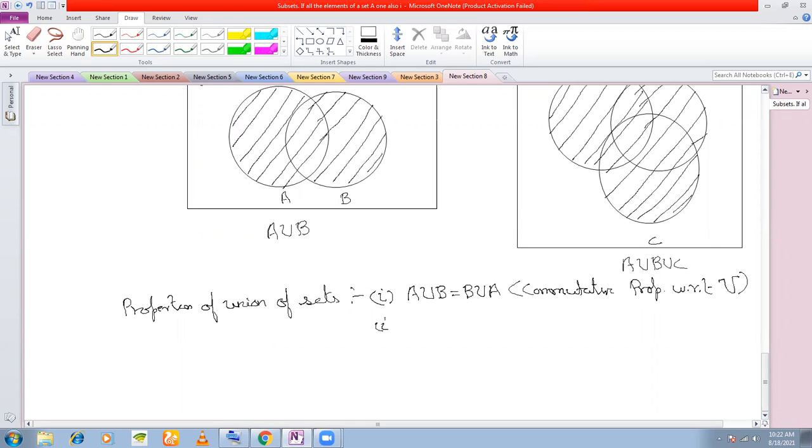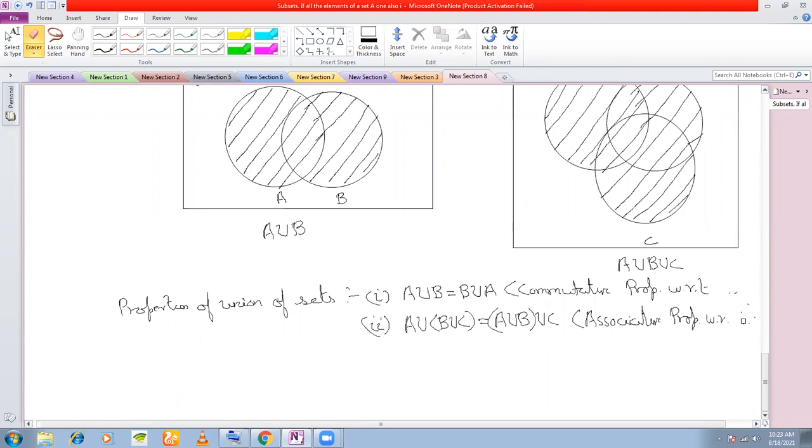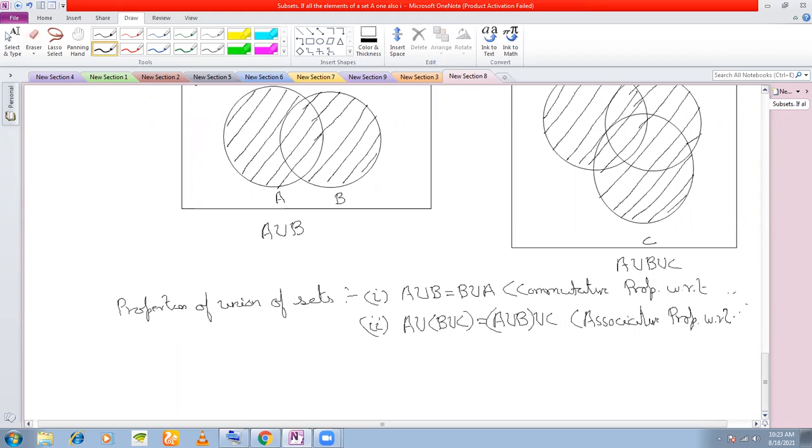Next is A union B union C is equal to A union B union C. This is called the associative property with respect to union.